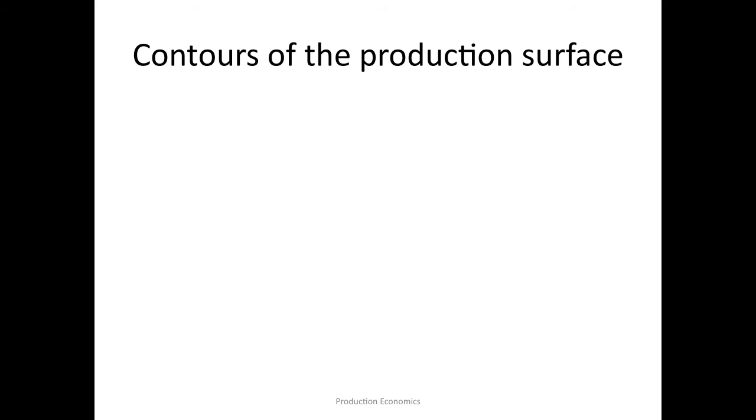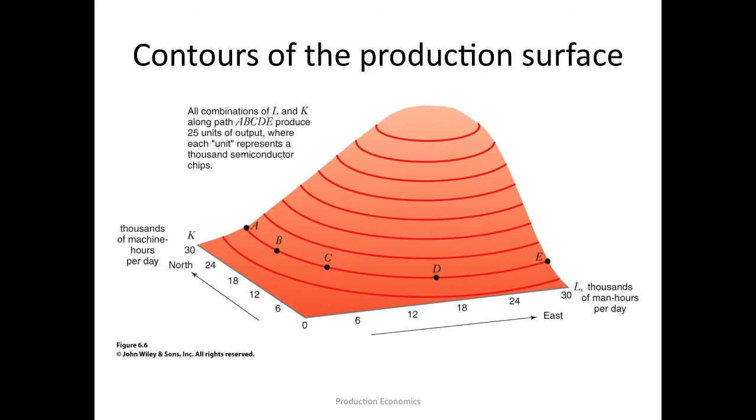And what we want to do is emphasize that in these production surfaces, what we're keying in on are contours of the production surface. This is just that graph drawn again, but with different shading to illustrate different points. The solid lines that you see drawn around that production surface illustrate points where the level of output is constant.